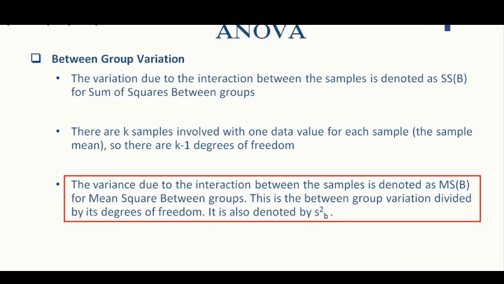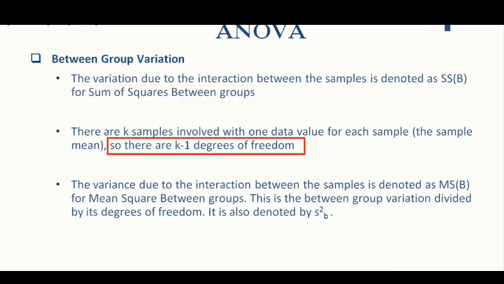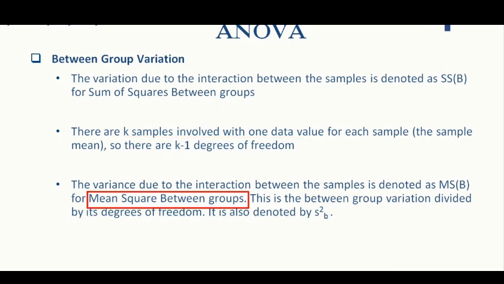The variance due to the interaction between the samples is denoted by MSB, for mean square between groups. This is the between group variation divided by the degrees of freedom. So whatever you compute here as the between group sums of squares, you divide by the degrees of freedom and you get the mean sums of squares between the groups.